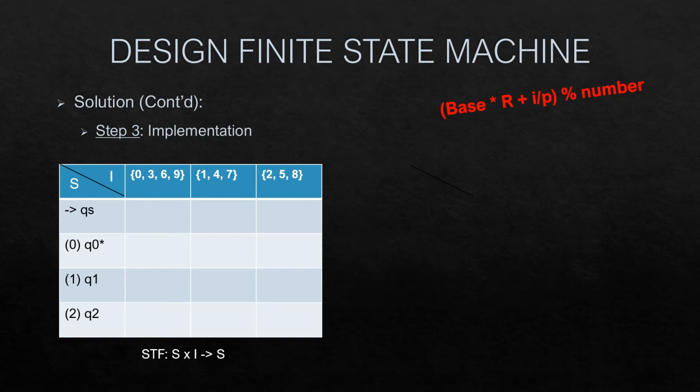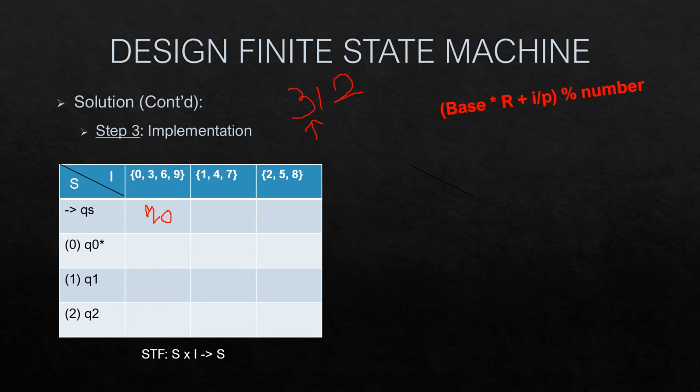If we have the number 312, what will happen? In the initial state, when we are in QS, if the first digit I get is 3, I divide this 3 by 3 and get remainder 0. So from QS, when I get either 0, 3, 6 or 9, I get remainder 0, so I have to transit to Q0 state.